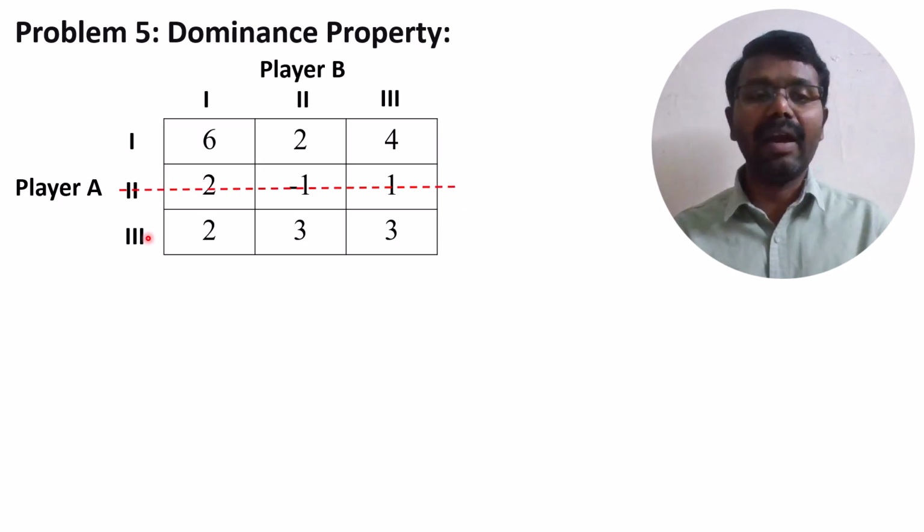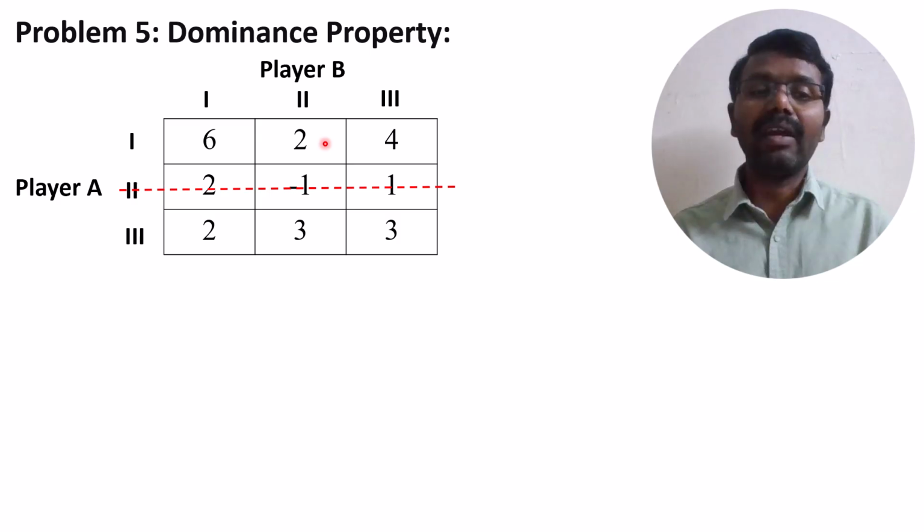Now let us compare strategy 1 with strategy 3. Here 2 is less than 6, so strategy 3 is dominating strategy 1, and here 2 is less than 3, so strategy 3 is dominating strategy 1. That means either strategy 1 is not dominating strategy 3, or strategy 3 is also not dominating strategy 1.